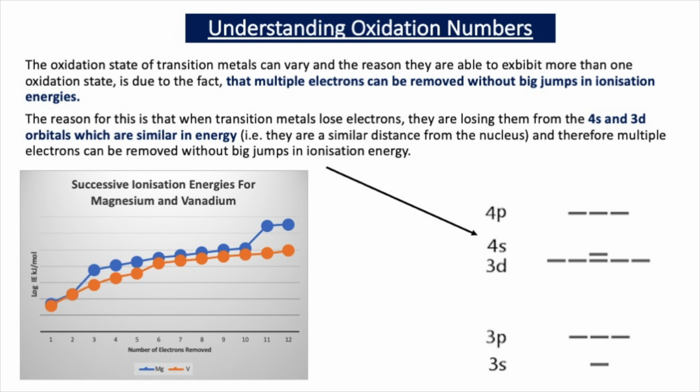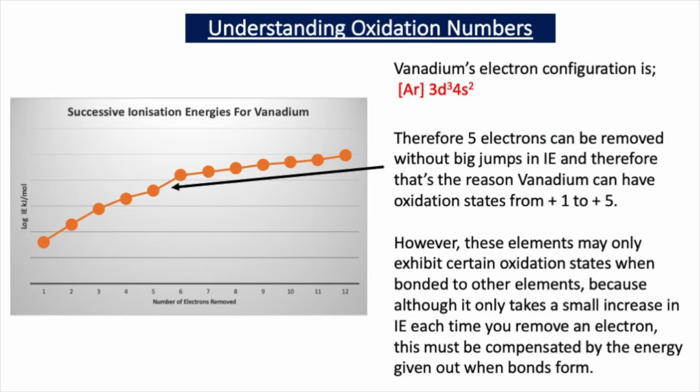We do, however, see a jump after we've removed all 5 of vanadium's 4s and 3d electrons, because the next electron that would be removed would be from the 3p orbital, which is closer to the nucleus and therefore harder to remove. So we don't see any big jump while removing the 4s and 3d electrons, but we do see a jump after that.